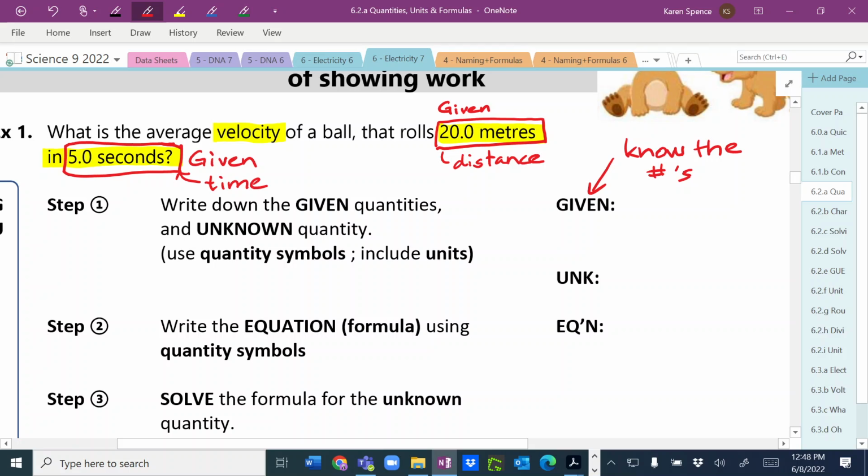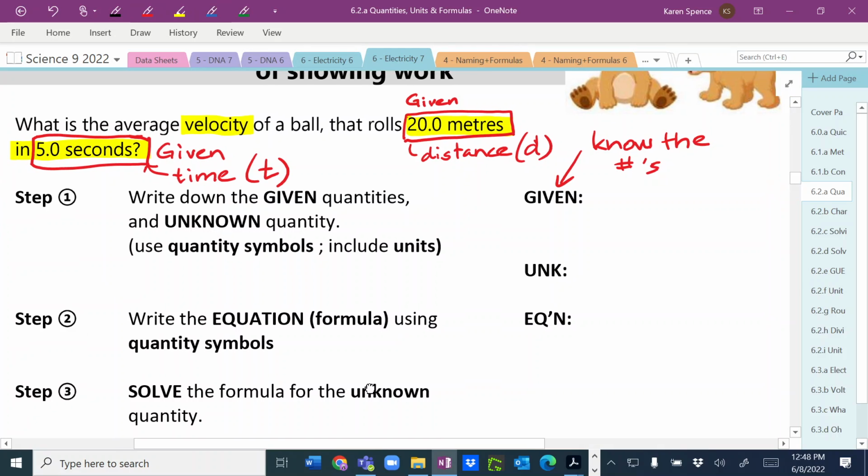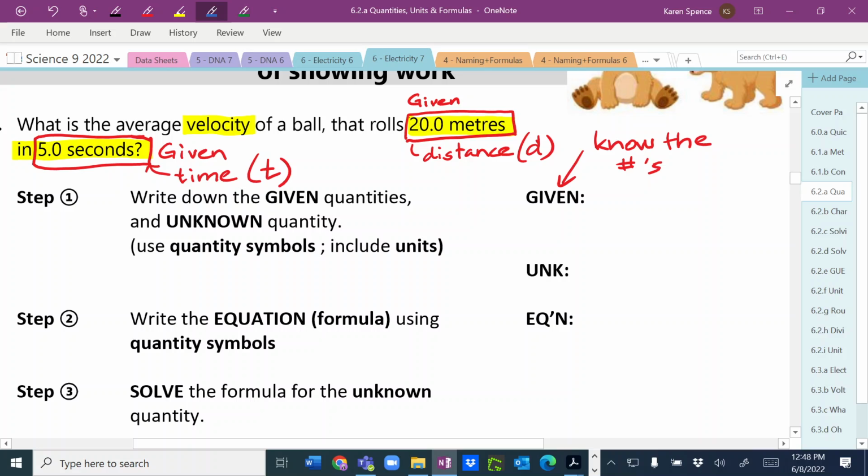You guys remember the symbol for distance? Lowercase d. Symbol for time, lowercase t. So what we're going to do is we're going to write down the given quantities. So we are going to write down d equals, so our distance equals 20.0 meters.